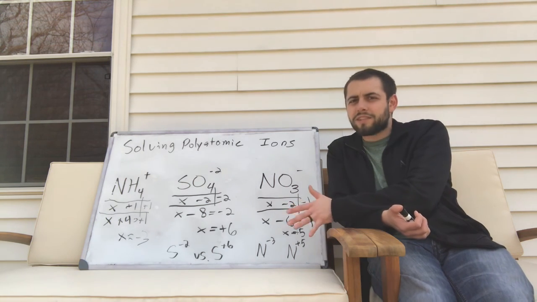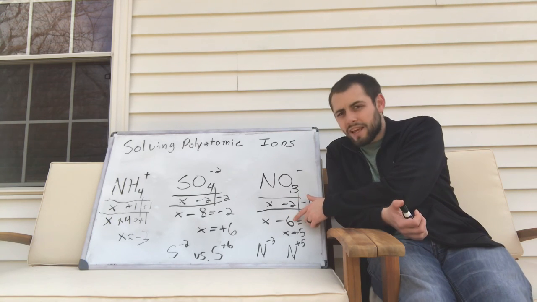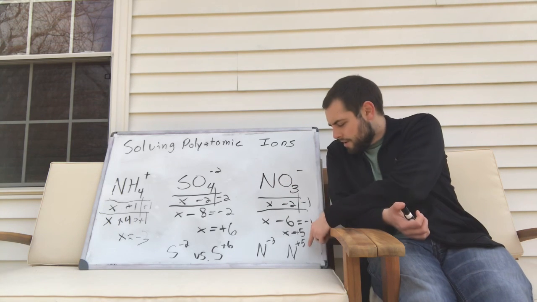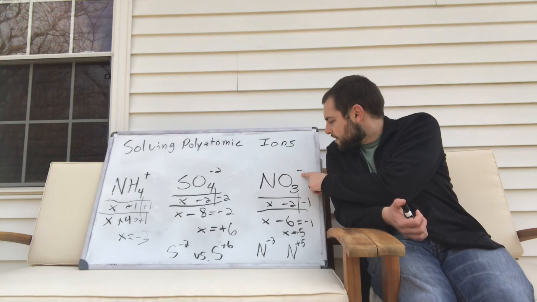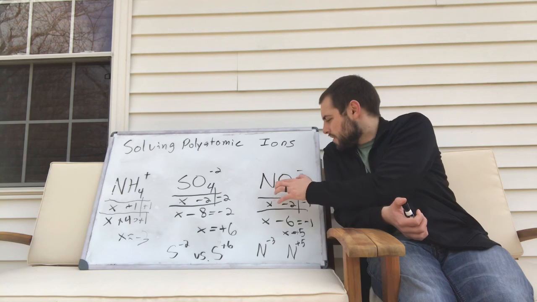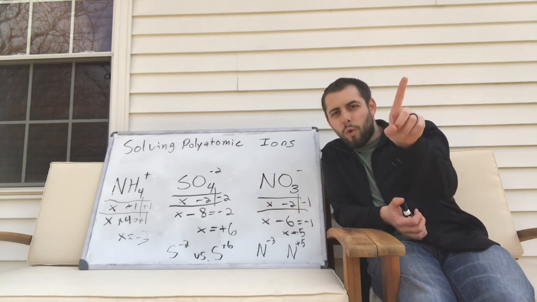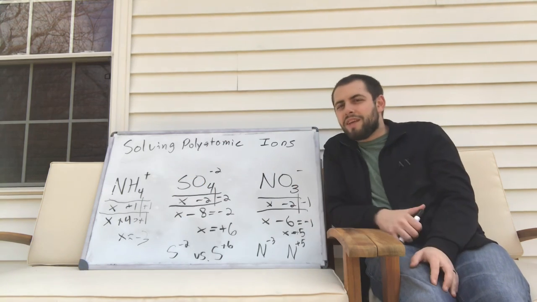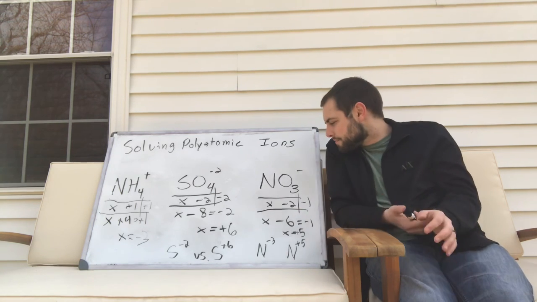You might see a little bit of discrepancy there. 3 times -2, that's -6. Oxygen needs 6 electrons for each oxygen. But nitrogen's only giving up 5 electrons. That means that the nitrate ion as a whole, this whole polyatomic ion, is going to steal 1 electron from some other particle. Maybe it's sodium nitrate or potassium nitrate, lithium nitrate.